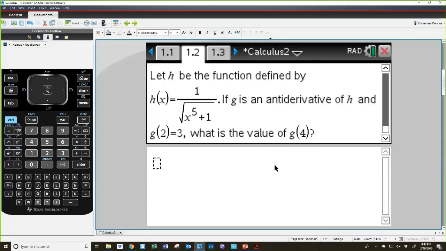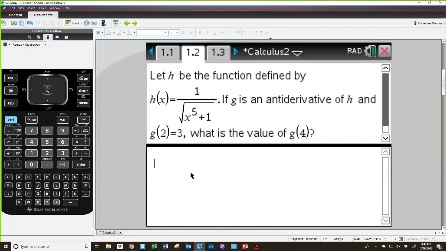So if we wanted to find a value of g of 4, we'll use that re-expression of the fundamental theorem. I've basically got a split screen here so that I can do my calculations below. So we have g of 2 is 3. This is our initial value, or what I call our old value. And we want to add the definite integral.